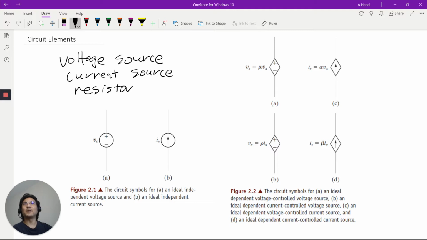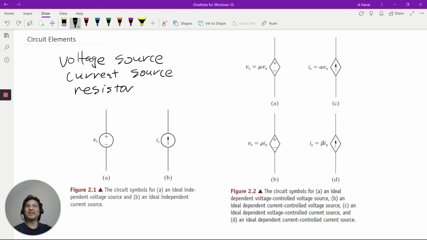But then for voltage sources and current sources, a voltage source just looks like this. It has a plus and a minus, so you know which way is the higher voltage side. And for a current source, it's just this arrow to show which way the positive charge flow is going.